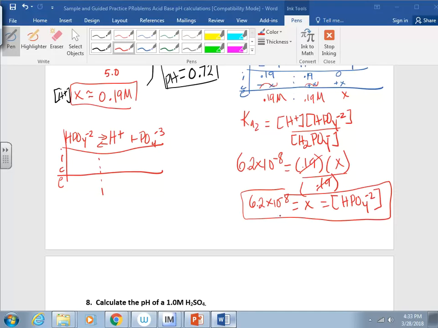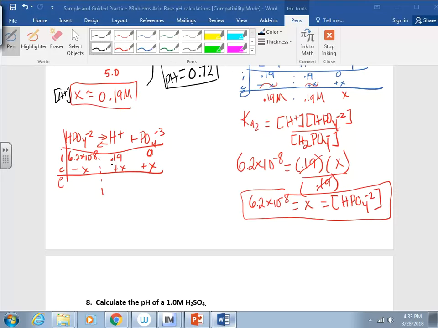From this part here, we know that the HPO4 minus 2 concentration is 6.2 times 10 to the negative 8. Remember, from the first dissociation step, we know the hydrogen ion concentration is 0.19, and this would be none initially. Once the equilibrium is allowed to establish, minus x, plus x, and plus x.